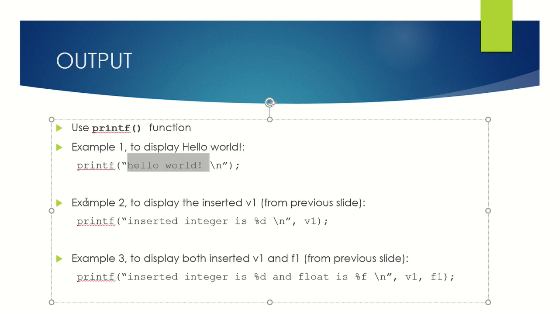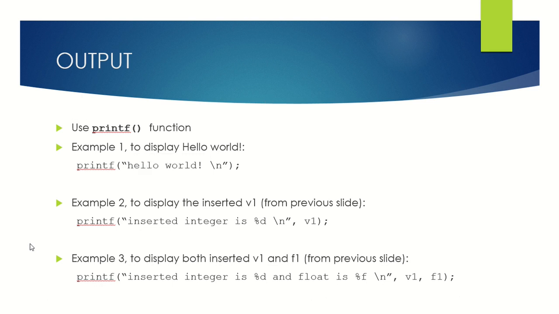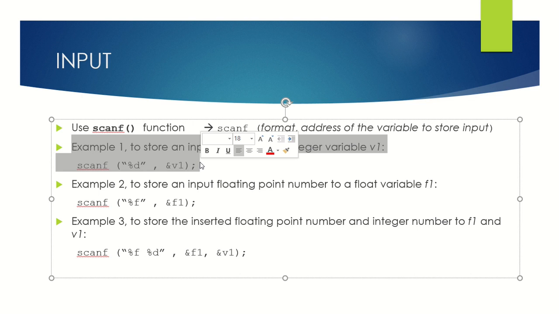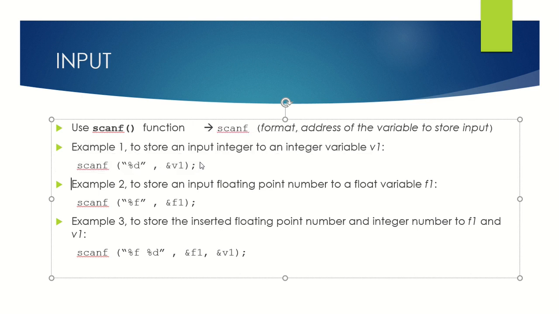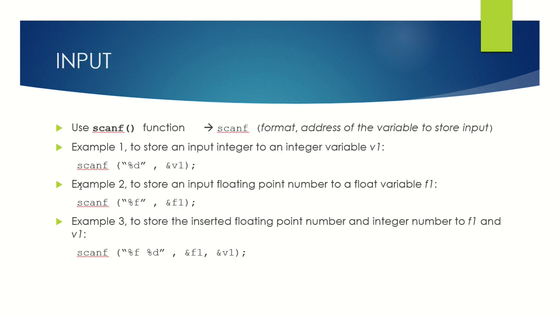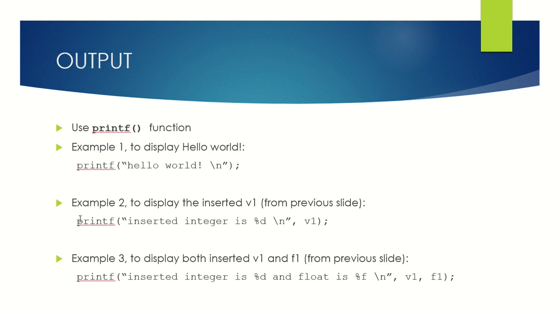Okay, example number 2, let's say we want to display an inserted v1. Okay, so contoh macam dalam previous slide, user masukkan v1 kan kat sini. Okay, so user masukkan v1, kita nak tahu apa value yang dimasukkan oleh user lah. Nak check sama ada betul ke tak kan, sebagai contoh. Okay, so maksudnya selepas daripada scanf ni, kita boleh printf ni lah.